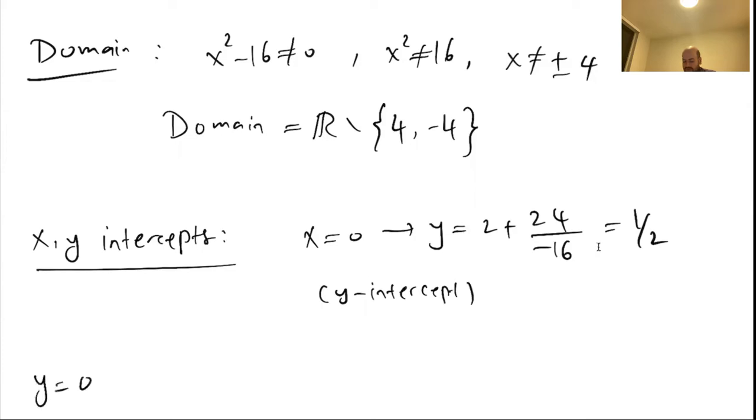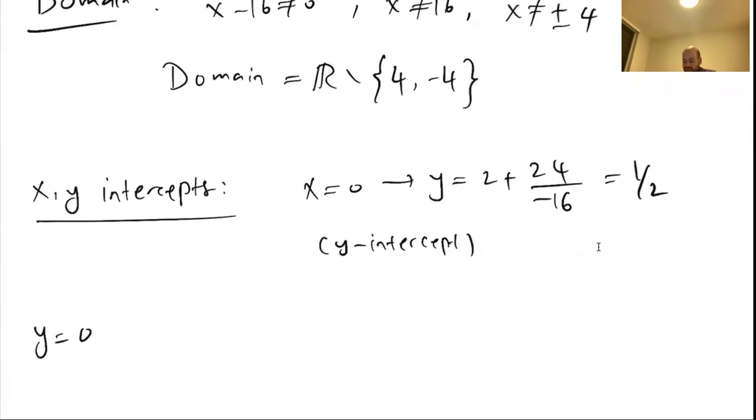For the x-intercept, if I set y equals 0, that gives 2 plus 24 over x squared minus 16 equals 0. And that gives 2 equals minus 24 over x squared minus 16.